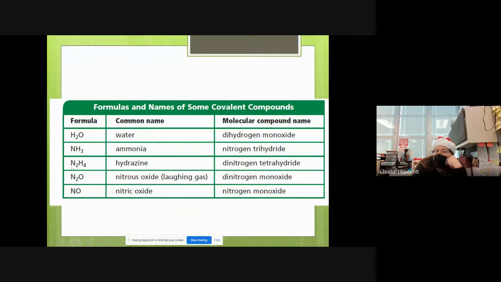Now, what do you notice about this formula that would never happen in an ionic formula? Other than just the numbers. Look at the numbers. We're not talking about electrons.